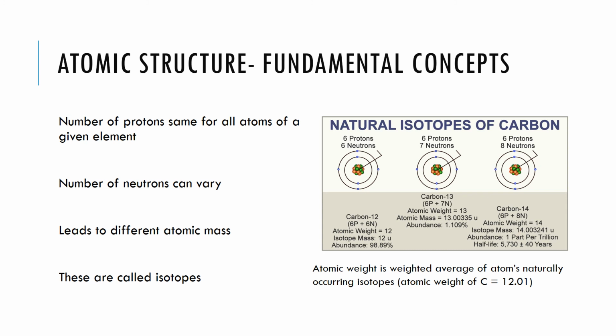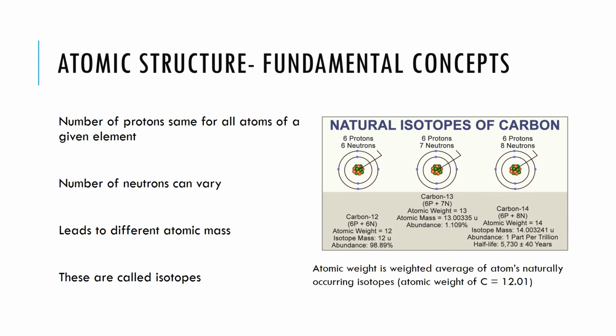And you see that the natural abundance of carbon-14 is 1 part per trillion. So it really doesn't naturally occur at all, but the natural abundance of carbon-13 is about 1.109%.